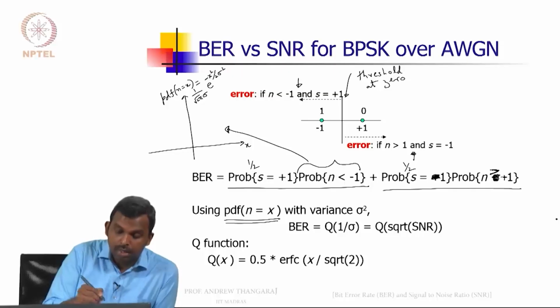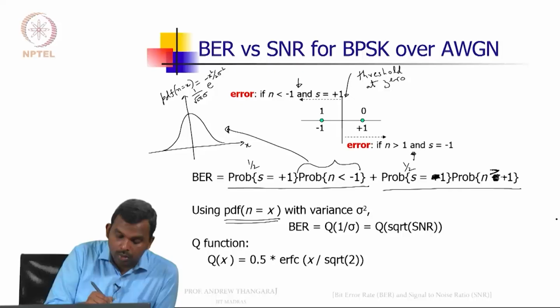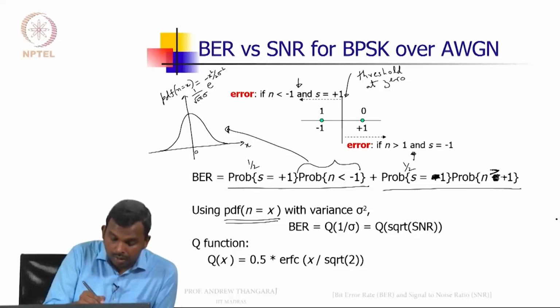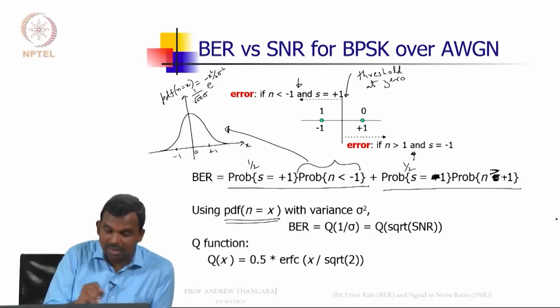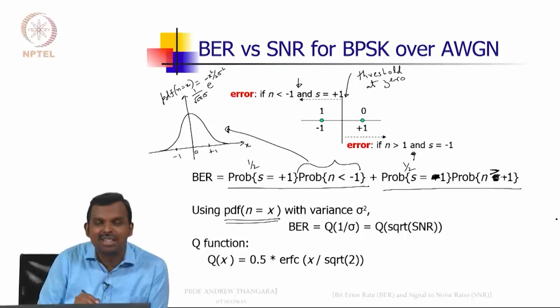And if you actually plot it, you will have some fall like this. It will never quite go to 0, but it will go very close to 0. So, 0, and then you have +1 here, let us say, and -1 here, let us say. It will be symmetric; I have not drawn it quite symmetrically, but it will be symmetric.